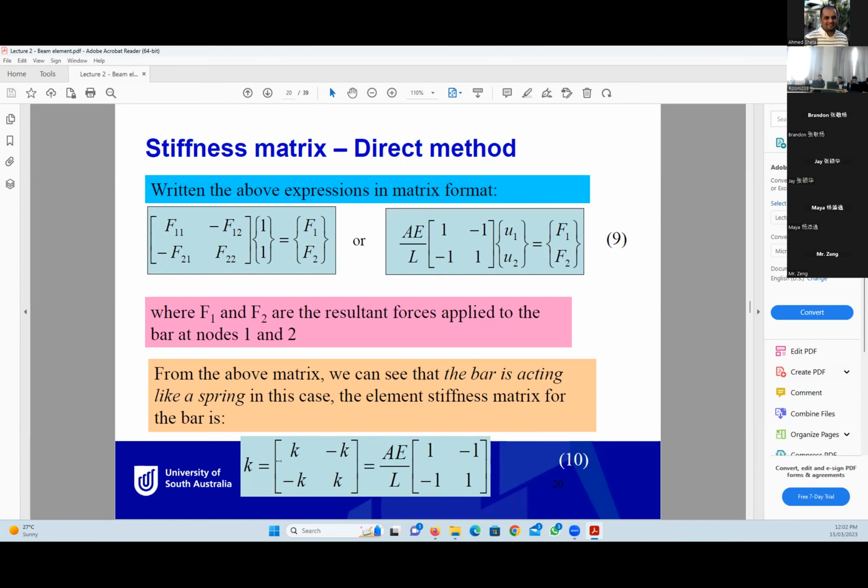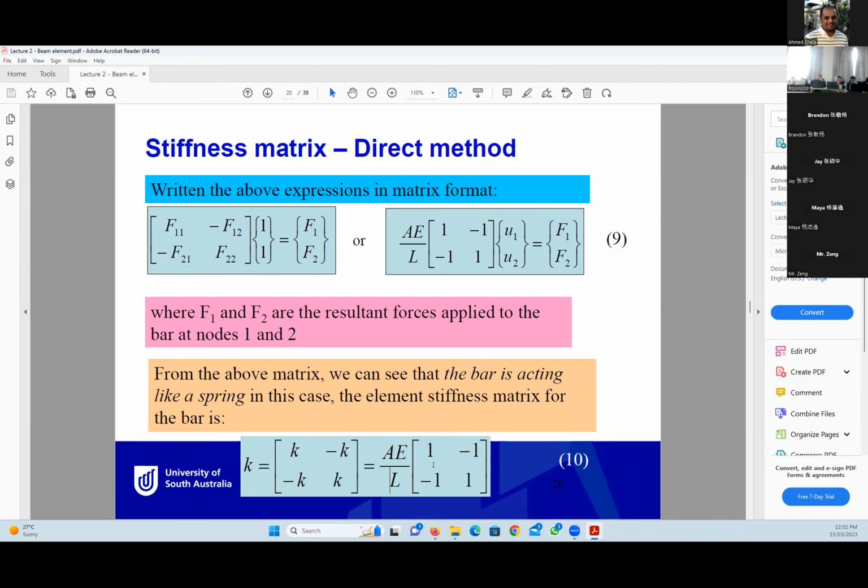If you see at the bottom of the slide, K for a truss element is EA divided by L times [1, -1; -1, 1], because this part, AE by L, is a scalar or a constant, so we can take it as a common factor and get it out of the matrix.